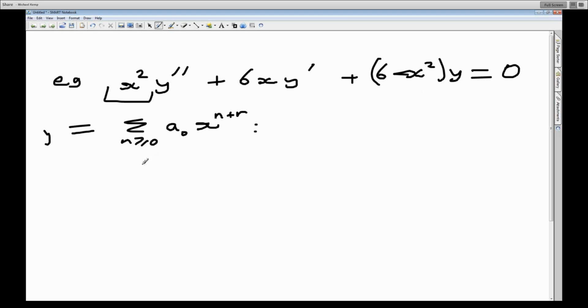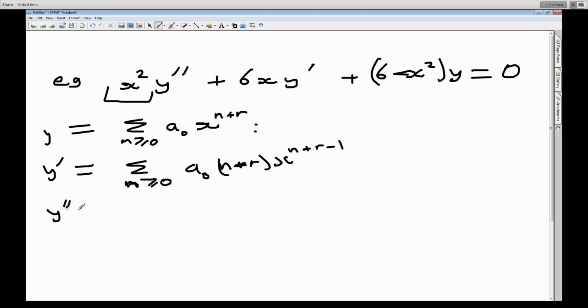So I need to work out the first derivative of this expression. Taking the derivative, the n+r drops down, x^(n+r-1). y double dash means you take the derivative a second time, so another power dribbles down.